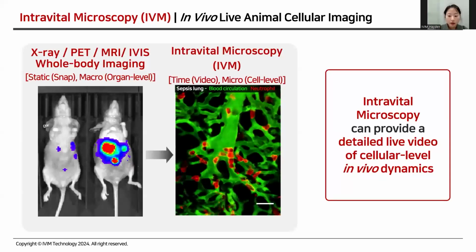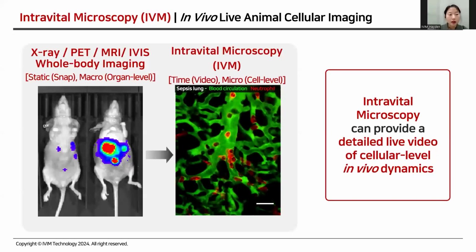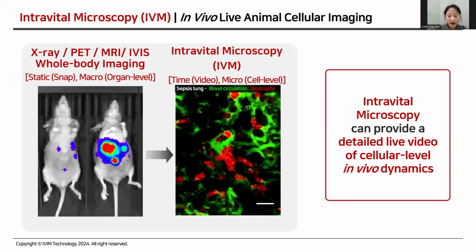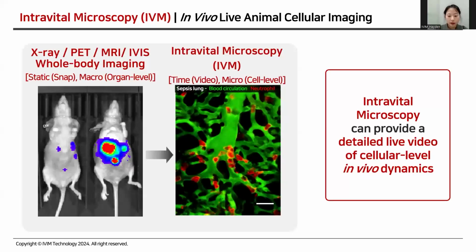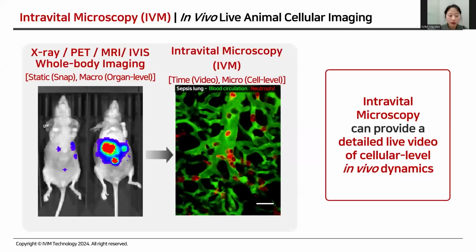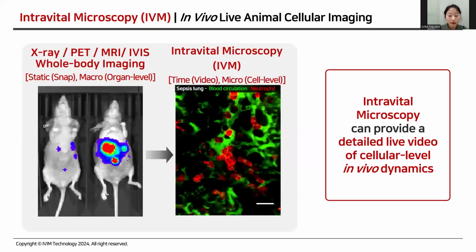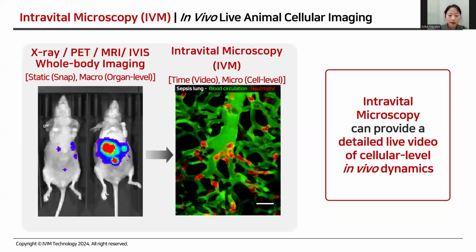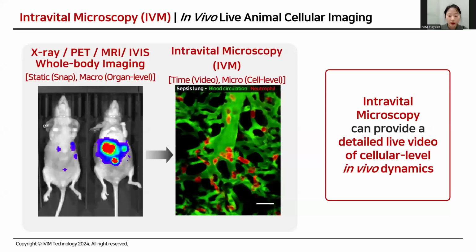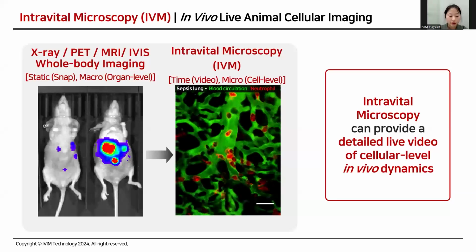So IVIN Technology has been trying to develop and optimize a micro-scaled imaging system, IVM, for cellular level visualization. And now we can observe various cellular dynamics, disease development, and drug efficacy and delivery inside of the living body in real time with sub-micron resolution.